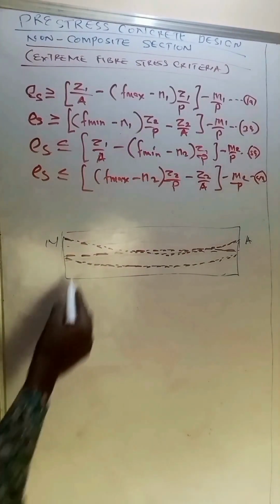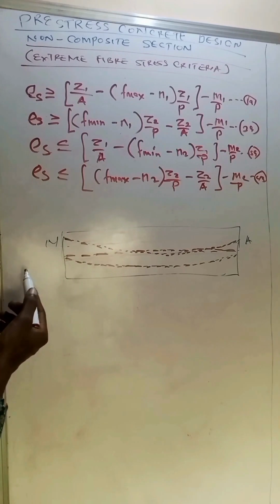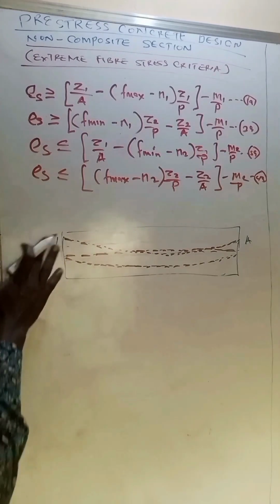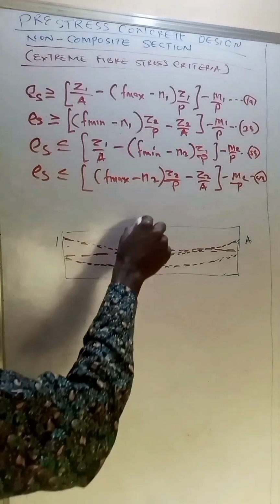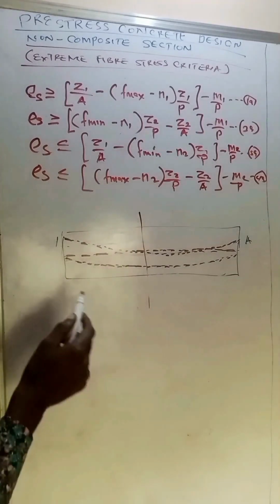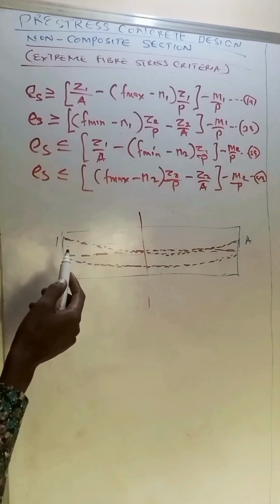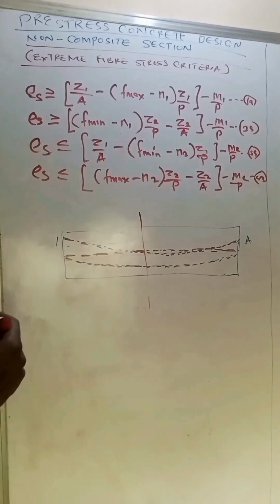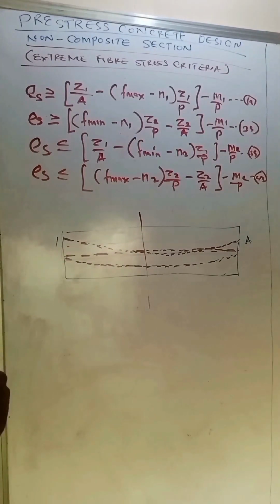So if this is a beam, for instance, a section of the longitudinal direction of a beam, of course, if we take a section of it, now we know definitely that the moment in the beam varies along the span. So for every section of the beam you take, you are expected to have a different value for your bending moment, both for bending moment due to dead load and also bending moment due to dead load plus live load.